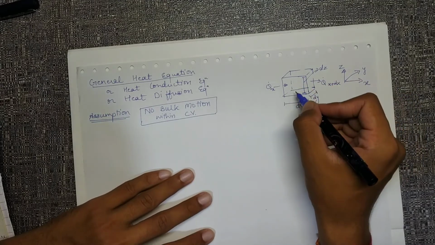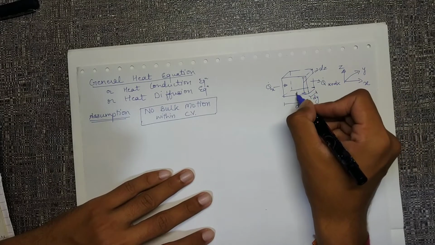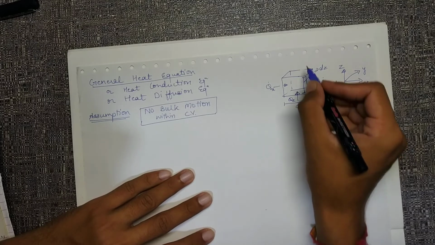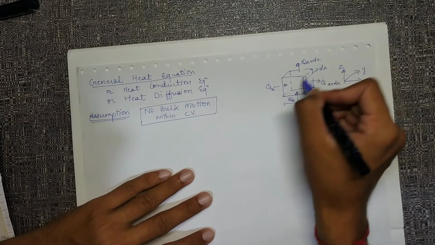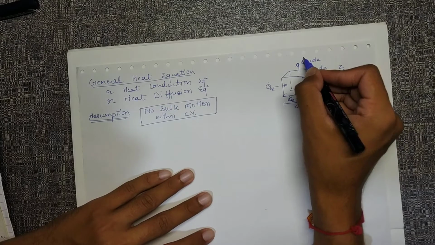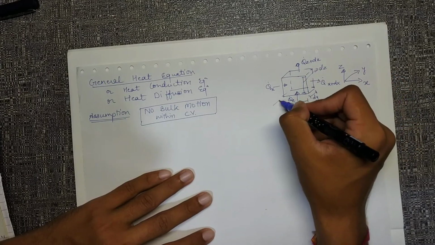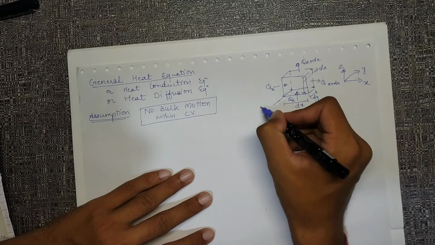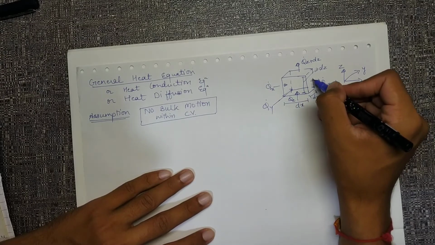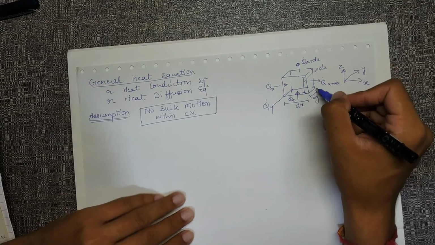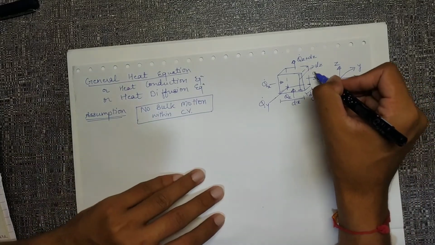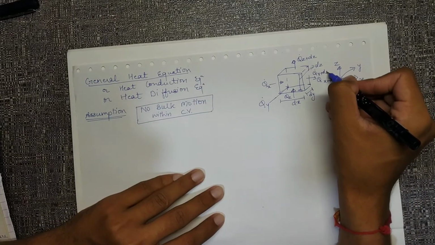In the same way, whatever is coming in from the bottom face is qz, and what is coming out from the top face is qz plus dz. Whatever is coming in from the front face is q dot y, and what is coming out from the backward face is q dot y plus dy.